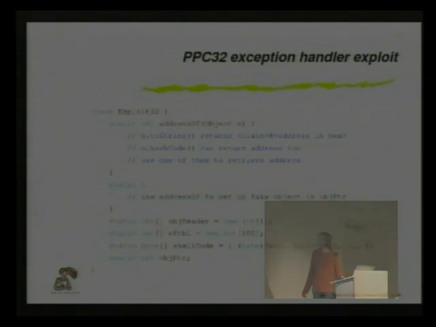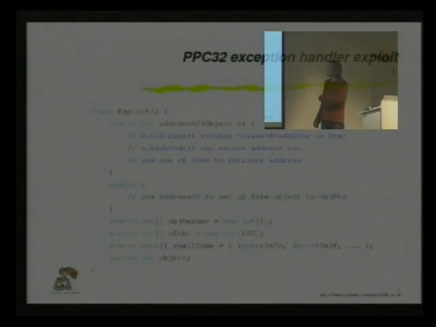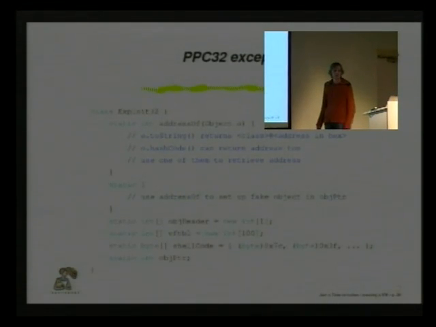Now, to retrieve the address of a Java object, we're going to use a much more trivial and easier technique. Namely, you can use the default implementation of object to string, which already prints something like class at address in memory, or you can use the default hashCode implementation, which sometimes also can return the address of the object in memory.